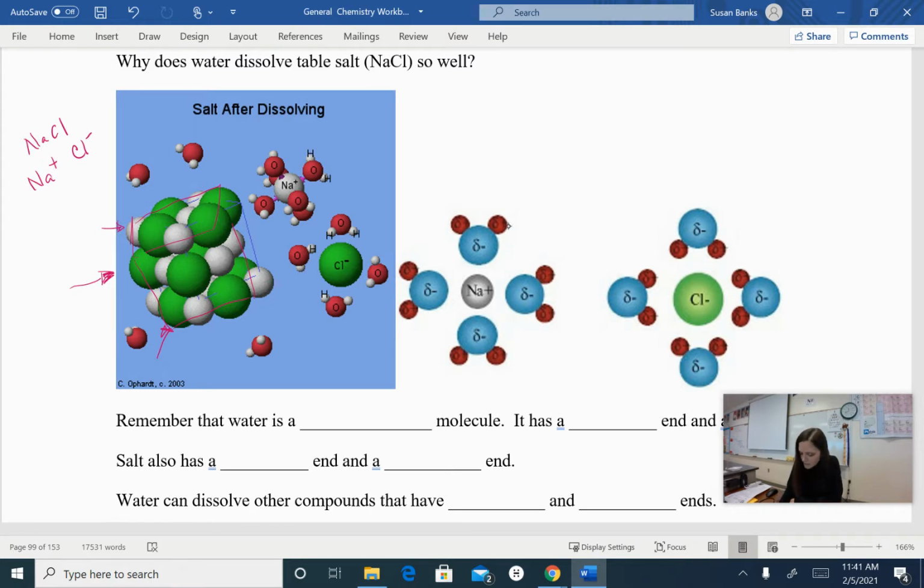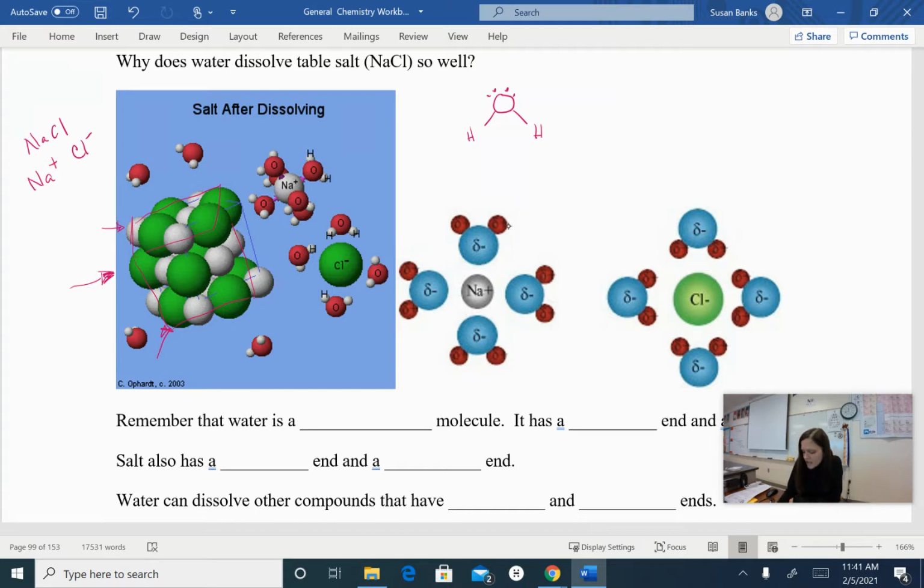So if we dissolve things in water, if you remember, water had kind of this bent shape because we had two lone pairs of electrons on there. And we have a huge electronegativity difference between oxygen and hydrogen.